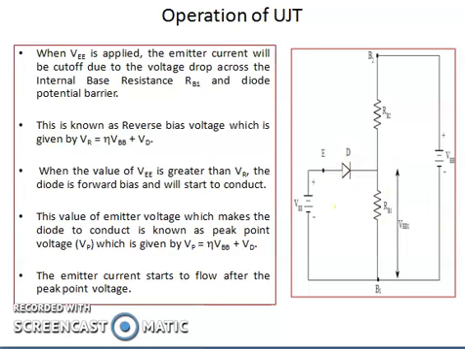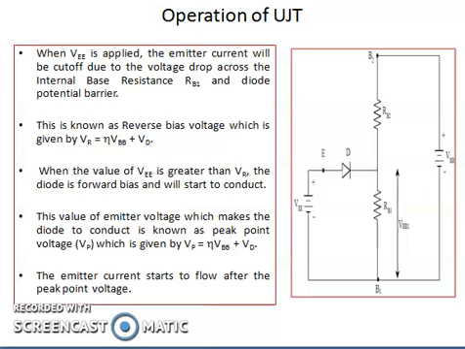We normally call this the reverse bias voltage, given by VR equal to eta VBB plus VD. When the value of VEE, that is the input voltage, is greater than VR, the diode is forward biased and will start to conduct.